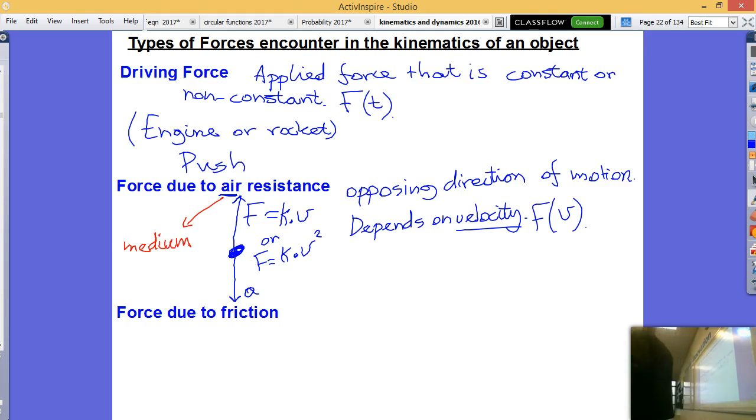What's another medium we have here on Earth? Water. Yeah. So we could have not air resistance, but water resistance or any fluid resistance.